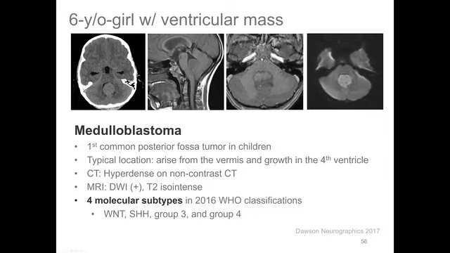CT shows hyperdensity because of the high cellularity, and MRI shows restricted diffusion. Although I said I don't want to bring out the molecular classification, there's still something you need to know. Currently, we have 4 molecular subtypes in the new WHO classification: Wnt type, Sonic Hedgehog type, Group 3, and Group 4.